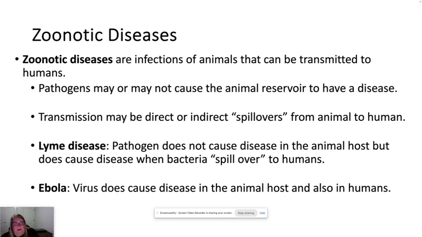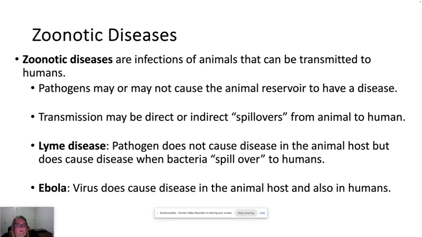When we're talking about the spread of disease, we have to talk about something called a zoonotic disease. Zoonotic diseases are infections of animals that then jump from that animal to a human. In the animal that it's originally in, it may be pathogenic, so it might cause disease in the animal reservoir, but a lot of times it doesn't.